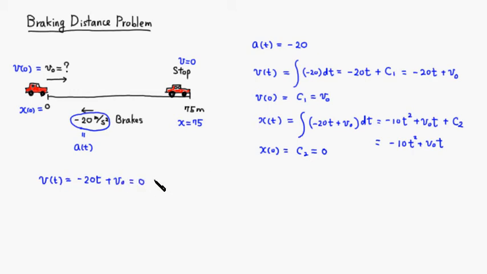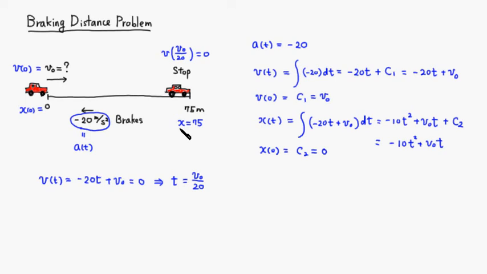By isolating t, you get v0 over 20. Which means at this point the time is v0 over 20. So we know that v of v0 over 20 is equal to 0.